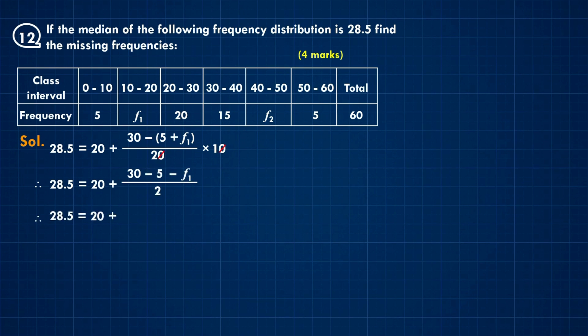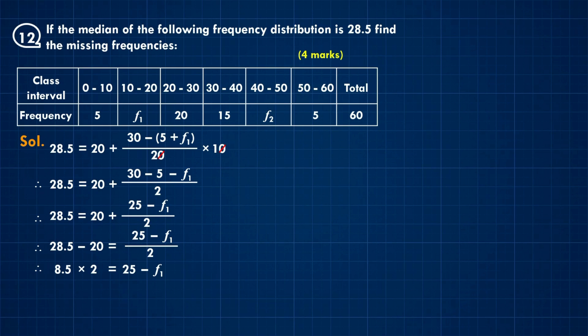So let's first simplify it. So now solve this equation. Okay, I think it is self-explanatory, so I don't need to explain how to solve this equation.